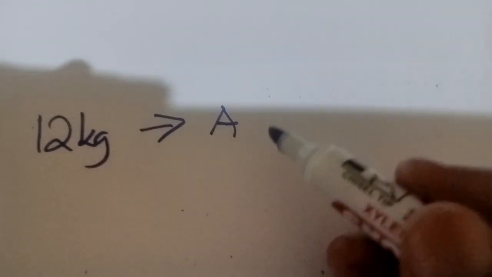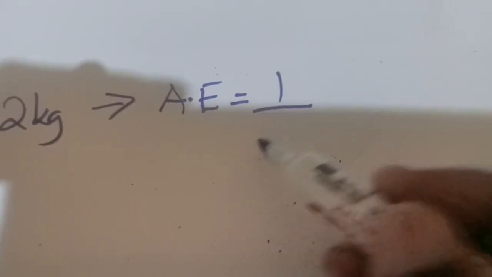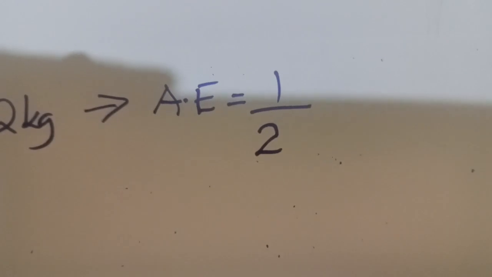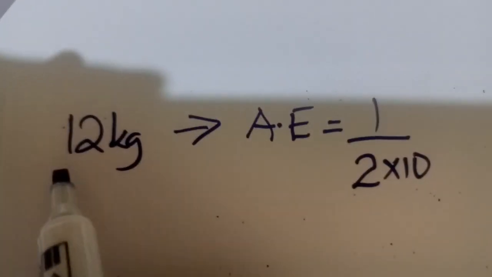So when it is 12 exactly, or any other exact measurement or whole number measurement, we'll still be able to use our formula 1 over 2 times 10 power, how many decimal places?